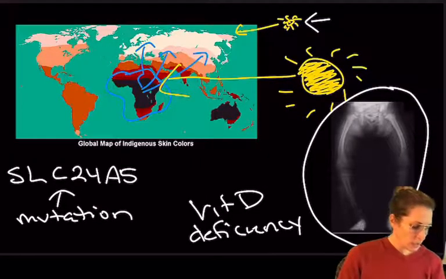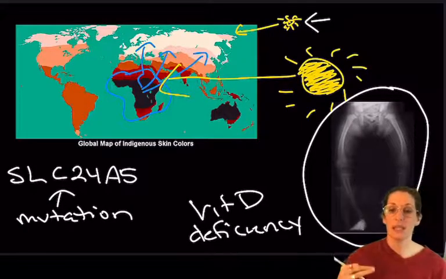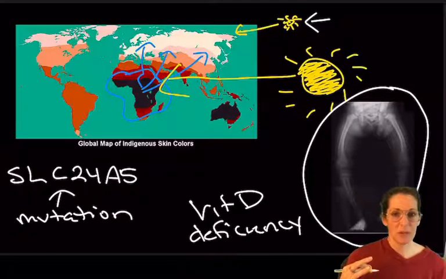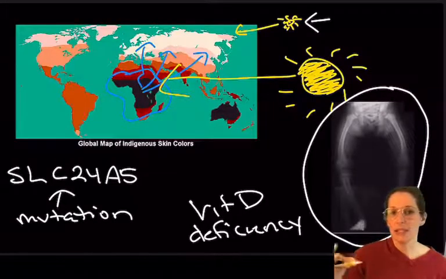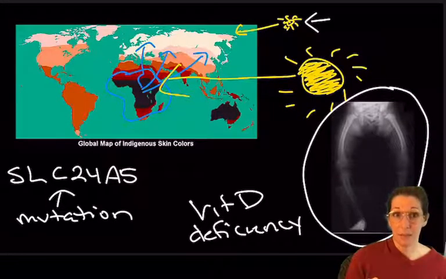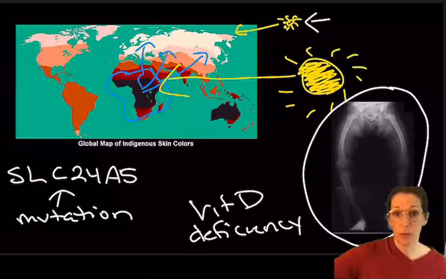What that mutation did was decrease skin pigmentation. So let's think about that. This mutation drastically decreases the pigmentation of skin, and it spread very quickly through the population.